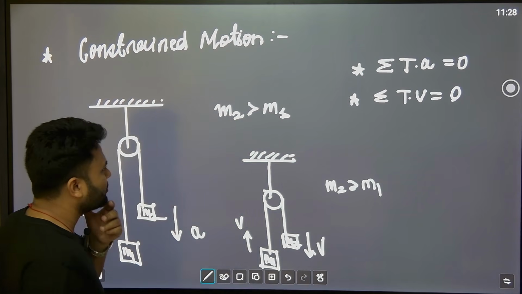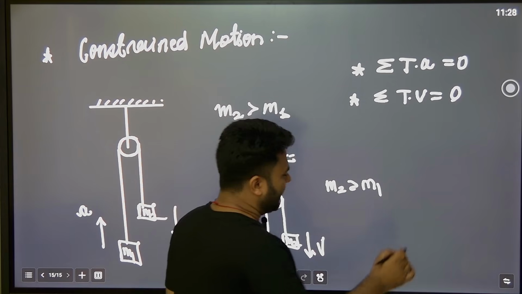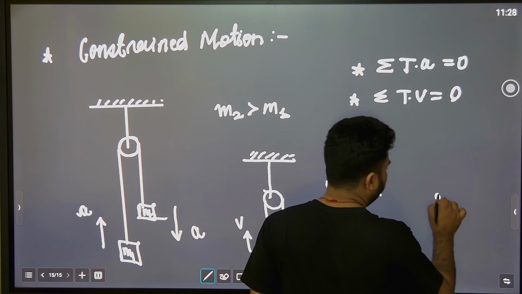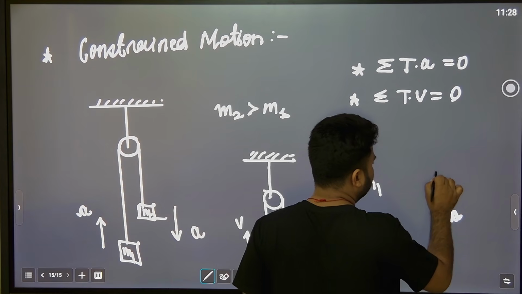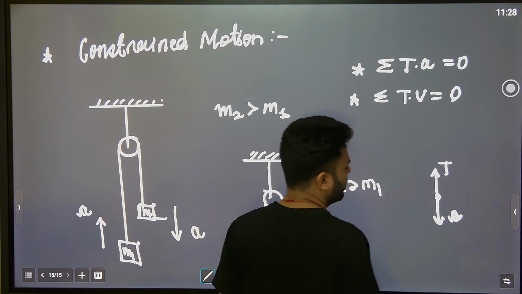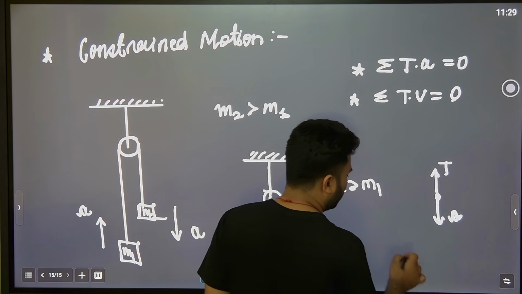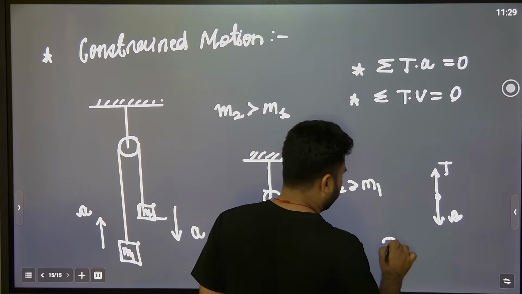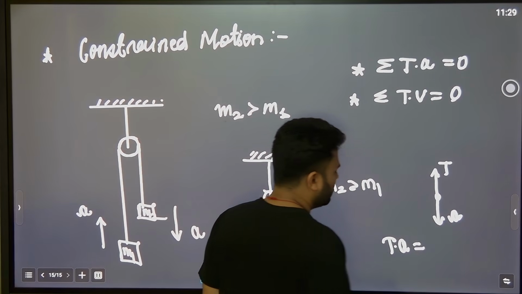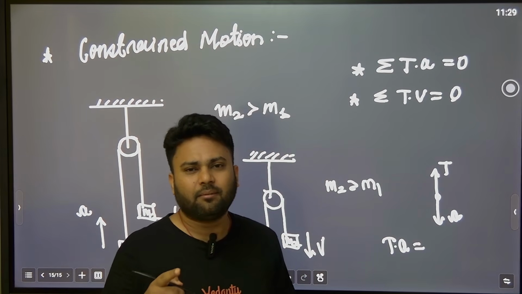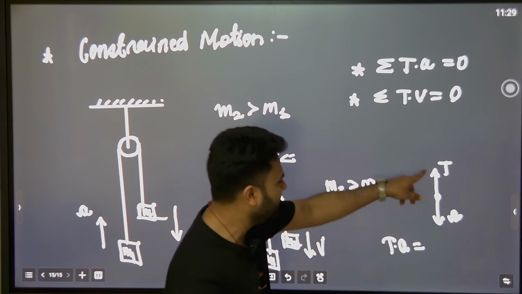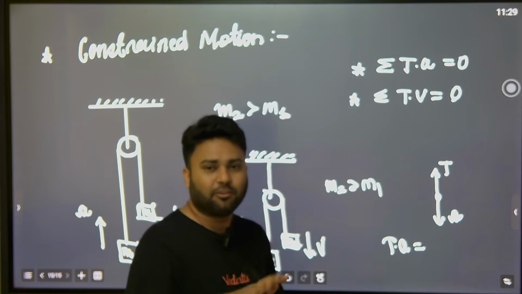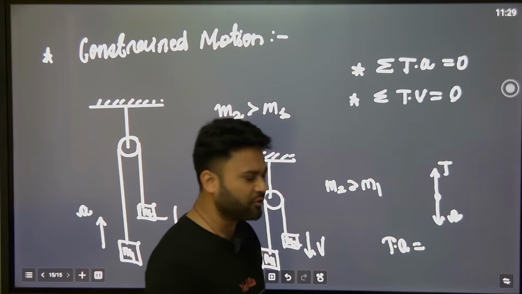Suppose there is an acceleration question. You tell me one thing. If the object is accelerating down and tension is up, what will you write for T dot a? So T dot a will be tension multiplied by acceleration multiplied by cos of the angle between them. Tension is up, acceleration is down, the angle is 180 degrees, tension and acceleration in opposite directions.